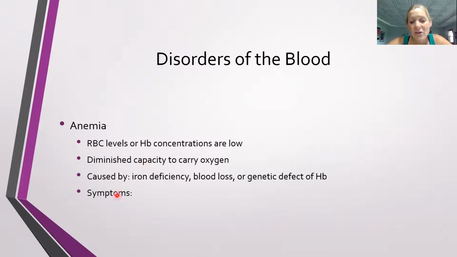Could be iron deficiency as it relates to nutrition, or it could be related to absorption of iron within the diet. Blood loss, a genetic defect associated with the hemoglobin. So again, that could be something like sickle cell anemia, not as common. This general term of anemia is significantly more common than having some sort of genetic defect of our hemoglobin.